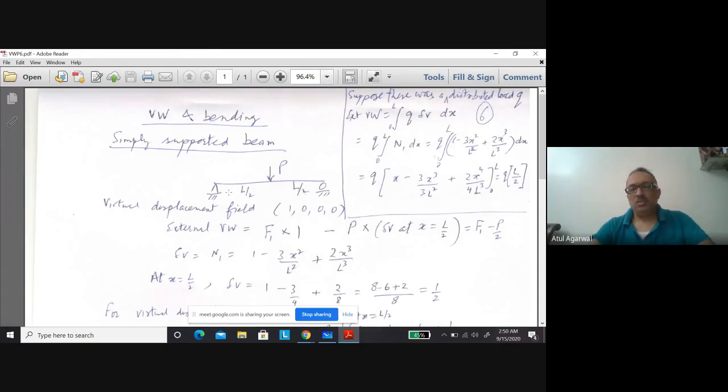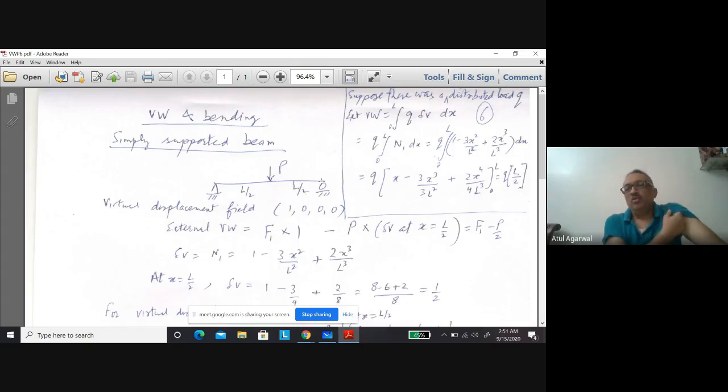You see, this is our simply supported beam with load applied in the middle. We have no external moment at node 1 and node 2.